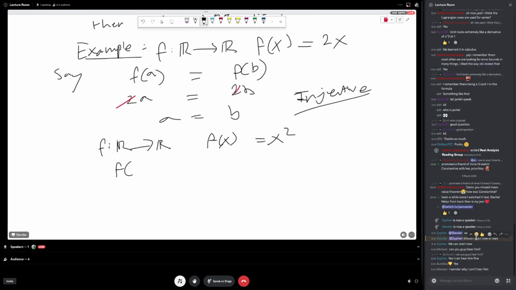For example, consider 2 and minus 2. Do you agree these two values are equal, f of 2 and f of negative 2?